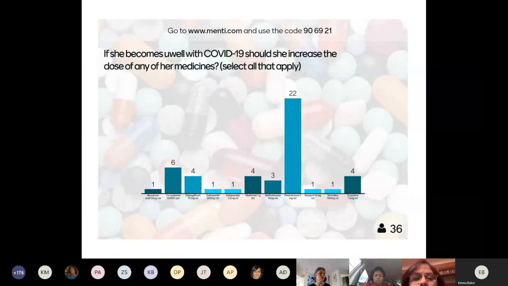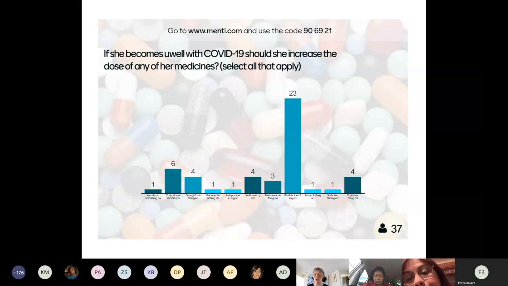I also asked you, should she increase the dose of any of her medicines? And mostly you suggested steroids. About two-thirds of those who replied said increase the dose of prednisolone, and about 6 people said increase the dose of co-codamol. A few people wanted to increase her antidiabetics.